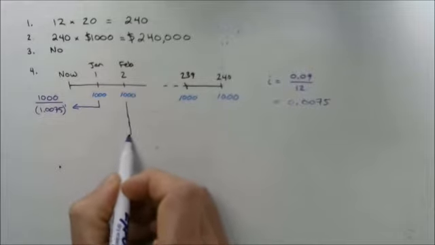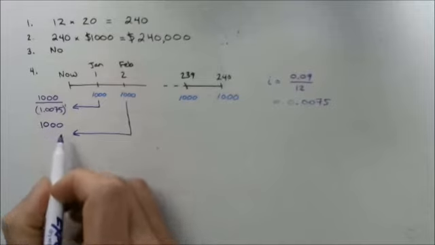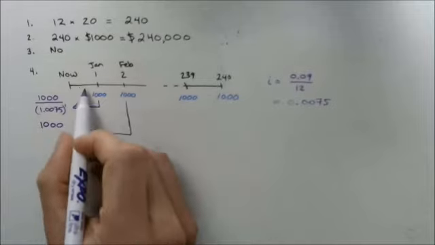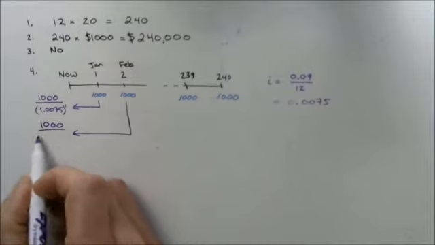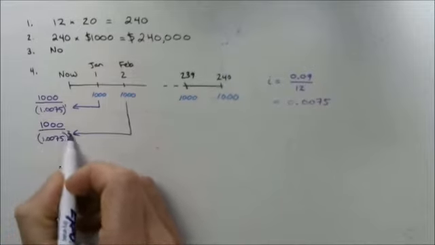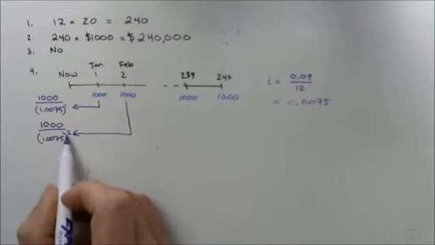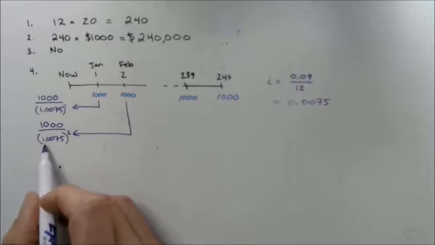Let's look at our next amount. We need a present value in order to withdraw $1,000 after 2 compounding periods. It's going to be 1.0075 to the power of 2. Now look at what happens in the denominator. We are squaring a number that's very slightly greater than 1, but it is greater than 1.